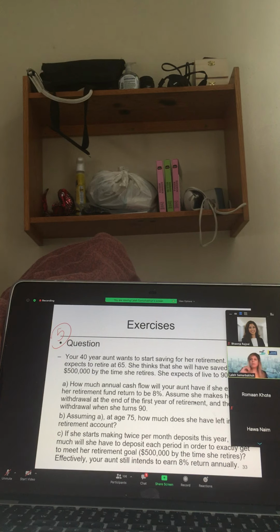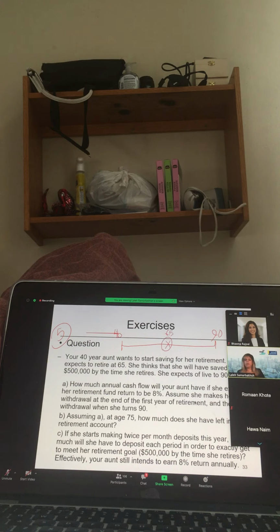So this is a retirement problem. And for a retirement problem, what I can tell you is that you should always draw a timeline. Otherwise, you won't get the right answer. So this is your time 0, which is your 40-year-old aunt. She's 40 now. She's going to live until she's 90. And retirement is at 65.